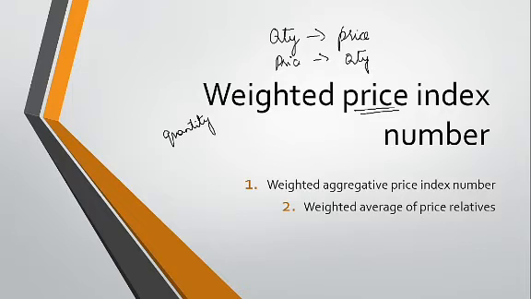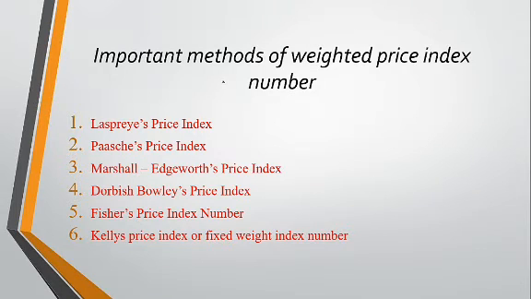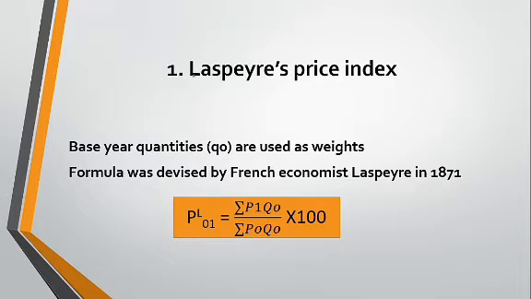The first one is under the weighted aggregative method. There are various methods: Laspeyres price index, Paasche, Marshall and Edgeworth, Drobisch, Fisher price index, Kelly's price index. These are the various methods you have to study. We'll go to the first one, Laspeyres price index number.